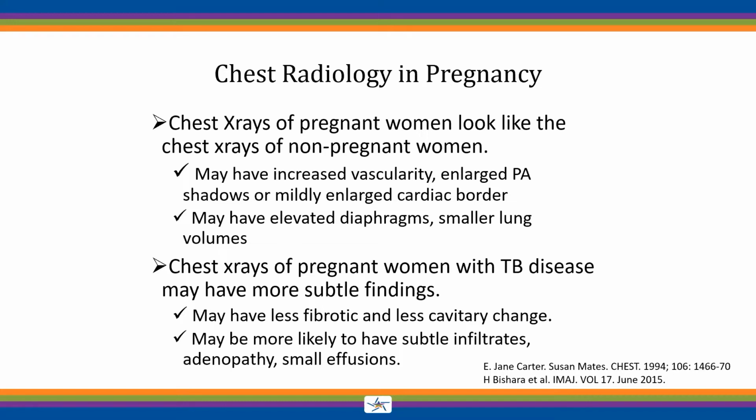Chest x-rays of pregnant women with TB disease may have more subtle findings. So like I mentioned before, you may have less fibrotic disease, you may have less cavitary change. You may have these subtle infiltrates, adenopathy, or small effusions. And the way that you're going to pick these things up is just having an increased radar for little findings.